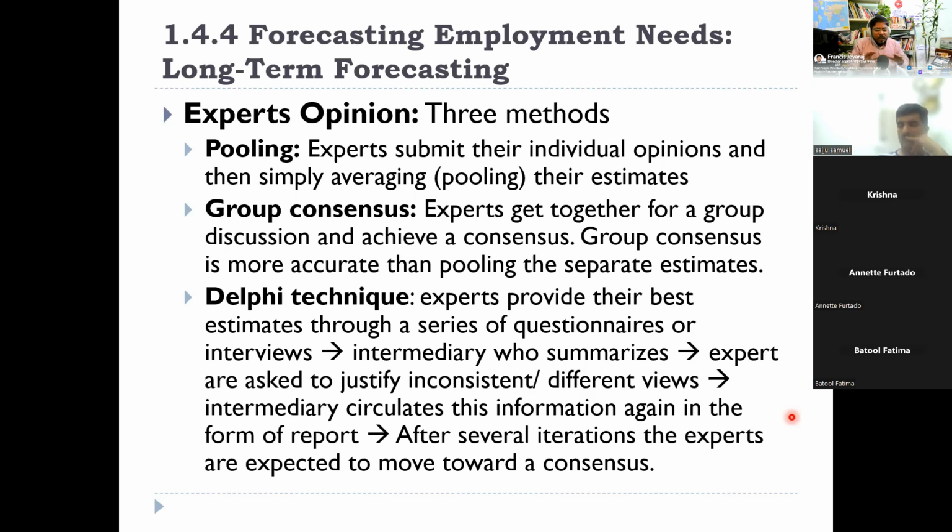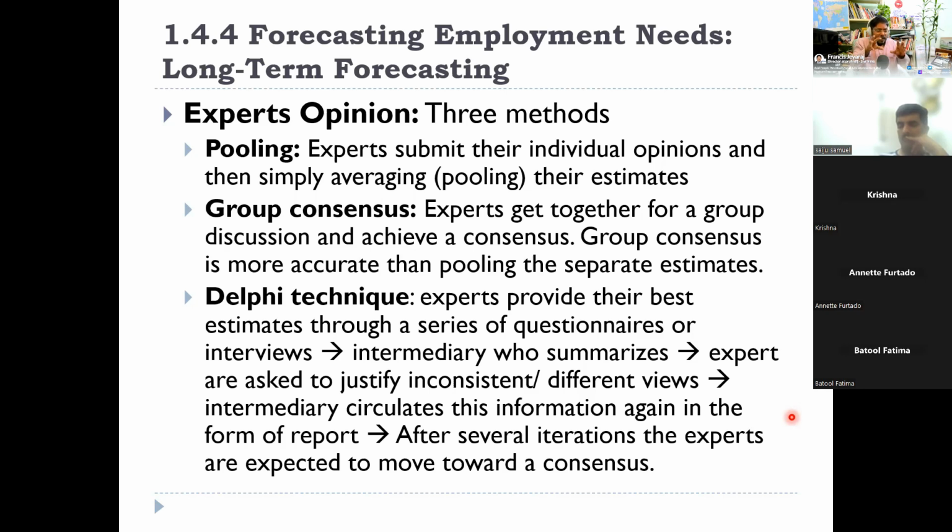It has to be facilitated by an intermediary, an HR consultant, or an HR professional. The intermediary summarizes the experts' initial estimates and circulates the information along with any divergent views or justification provided by the experts.